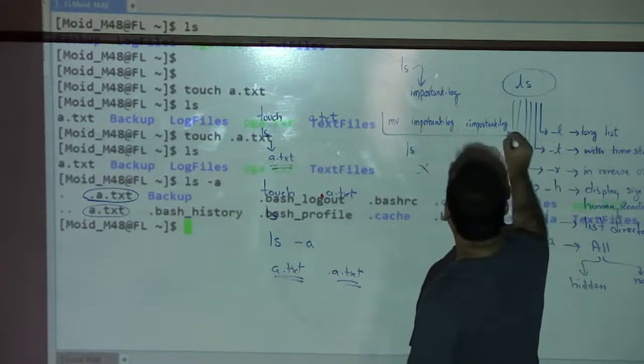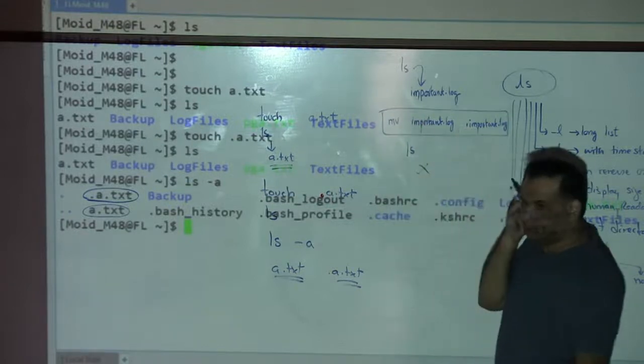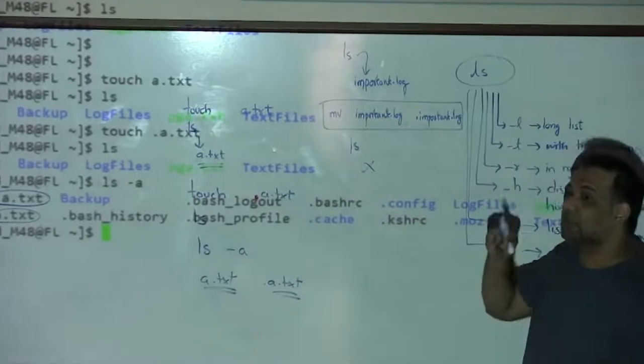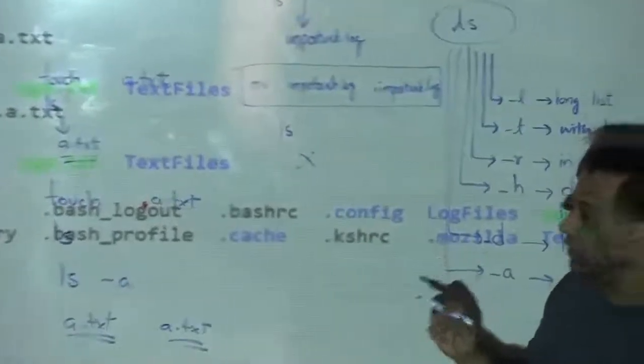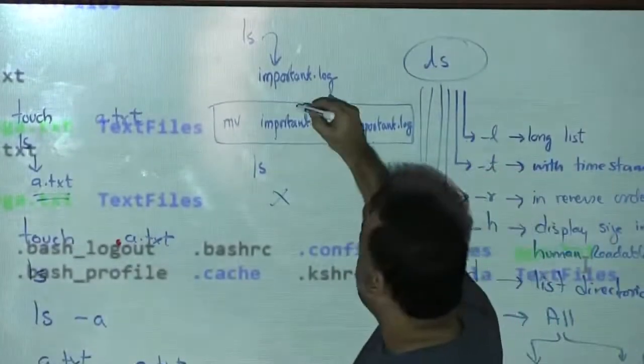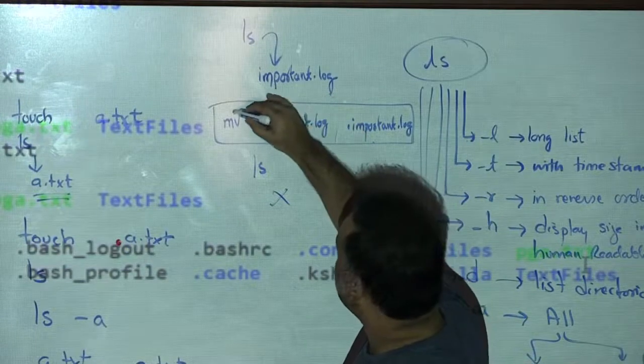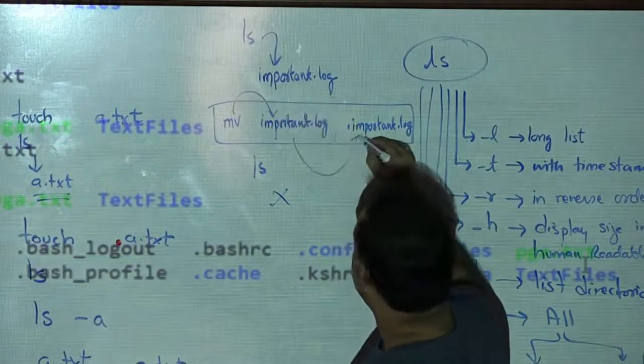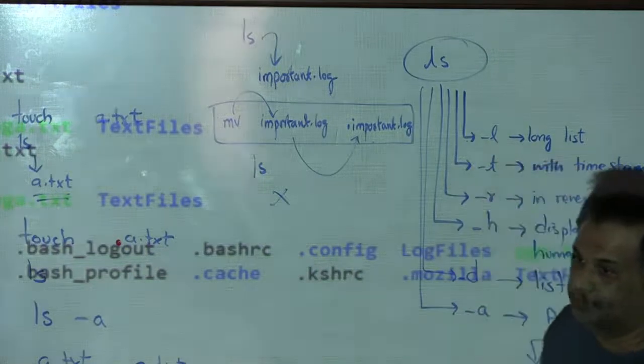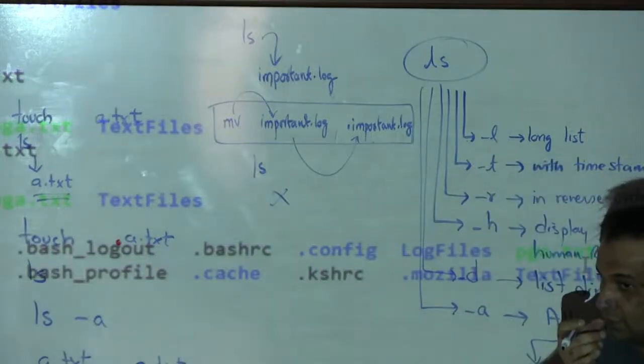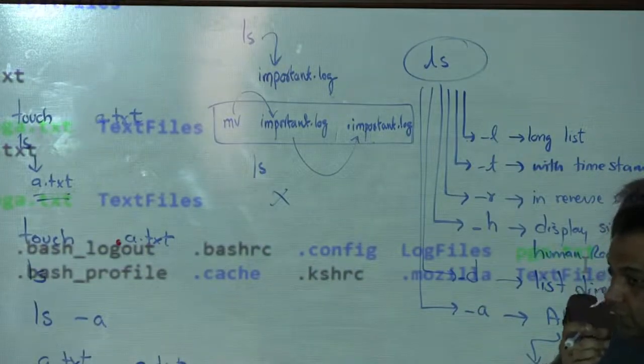Remember, I can rename any file using the mv command. We are basically moving from the same location, wherever that location is. You're saying move this file to this file, so there is no need to put the full path.